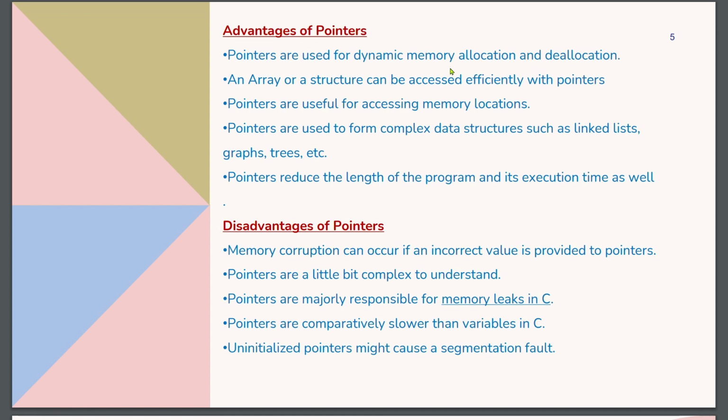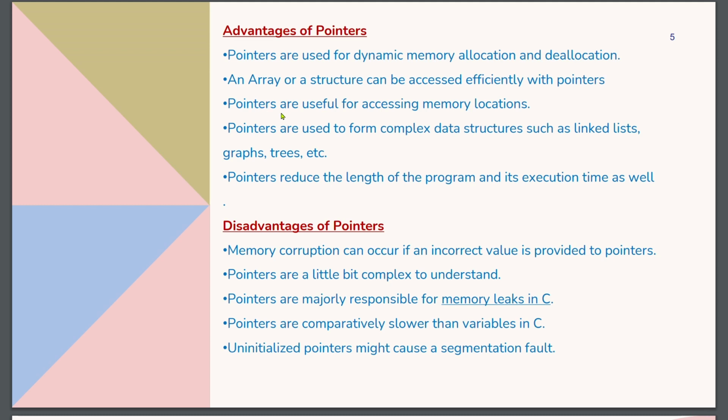Just as we have accessed and printed each element of an array by pointer. After some lectures, there will be a topic, that is structure. In that also we'll use pointer efficiently.